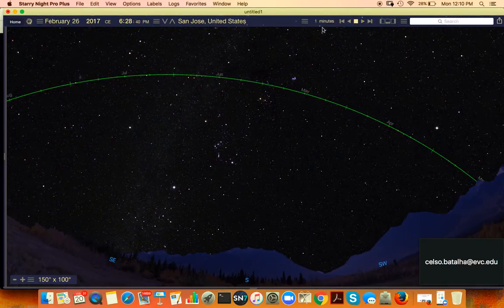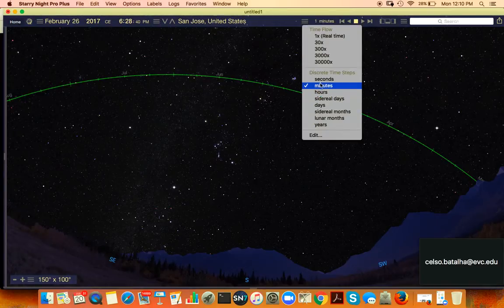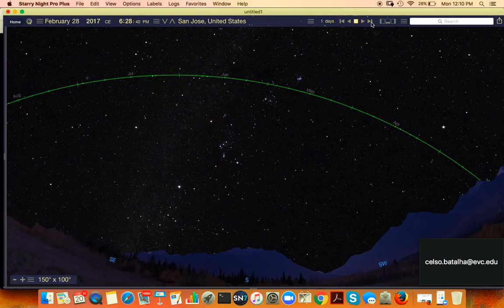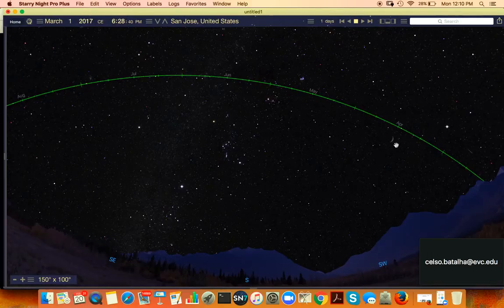So if I now go advancing one day at a time, the moon is in a waxing phase. See that at 6:28 p.m., February 28th, the moon is nicely visible. Probably not so visible, but you can see a tiny crescent of the moon right there.